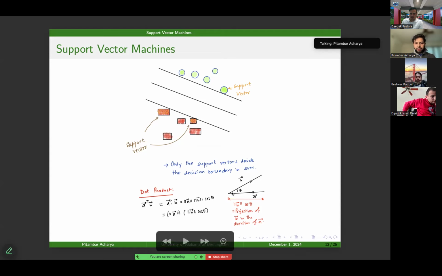In terms of projection, if I have vector B in this direction and vector A in this direction, then this distance is the projection of vector B in the direction of A. I can write this in terms of a transpose: it is the magnitude of one vector multiplied by the projection of the other vector in the direction of the first. Simply, it is the magnitude of A times the magnitude of B times cosine theta.